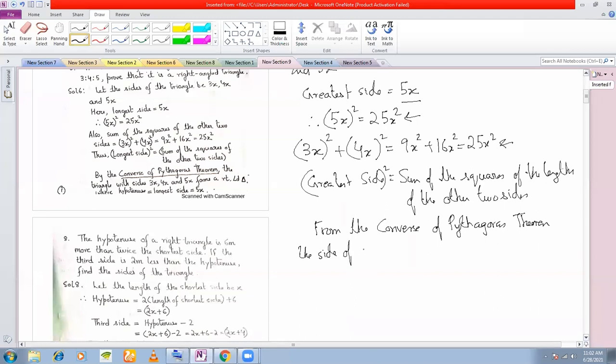The side of length 5x, or the greatest side, is a hypotenuse. Hence, it is a right angle triangle. So we have to write all these lines. Yes.